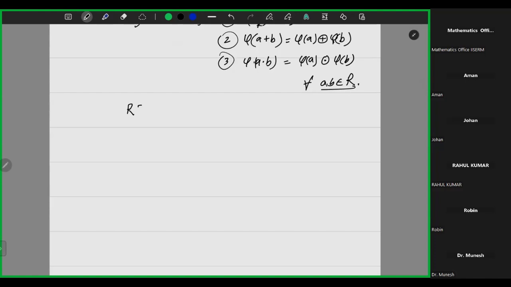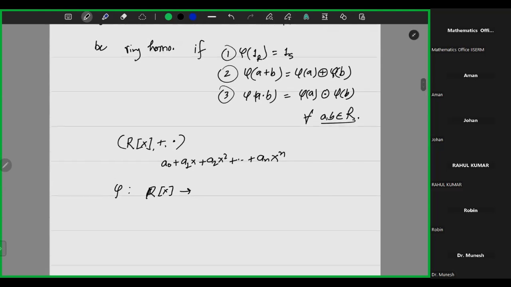In R[x], elements are like a naught plus a1 x plus a2 x square plus and so on, an x power n. This kind of elements are in R[x]. So if we want to define a ring homomorphism from R[x] to R[x], how to define it? We'll use the ring homomorphism properties, these 1, 2, 3 properties, and see how it comes.